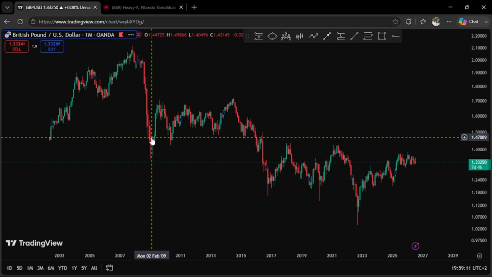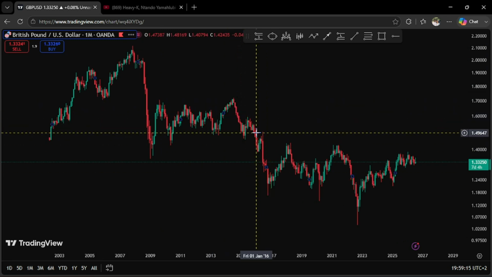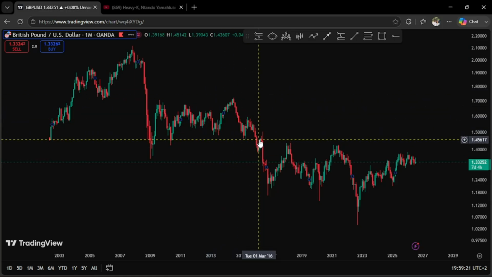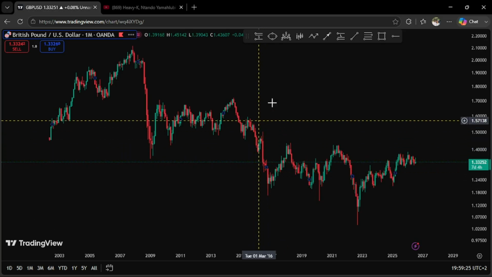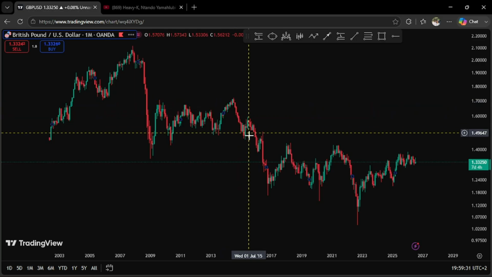So we had that impulsive move, then a correction, then another impulsive move. Remember, within an impulsive move there are corrections. Impulse, correction, impulse, correction, impulse, then a small correction, impulse. But we keep in mind that the nature is still bearish. This is our impulsive move.